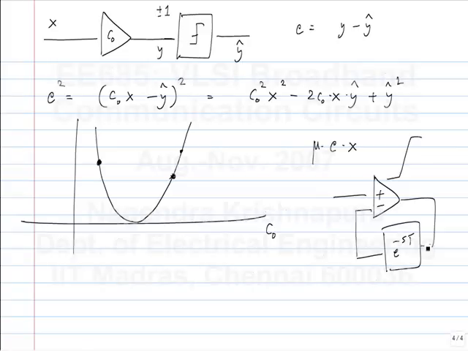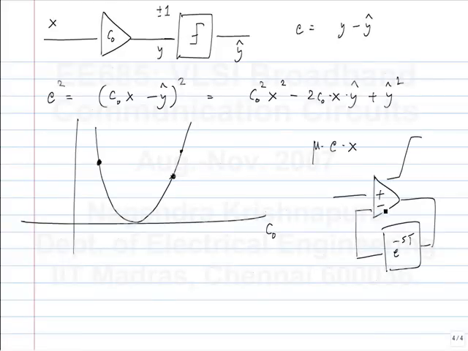Because I asked the question. 1 plus e to the minus st. It has poles on the j-omega axis. Yeah, that's right. But it will have right half plane poles for sure, right? So it will be unstable.